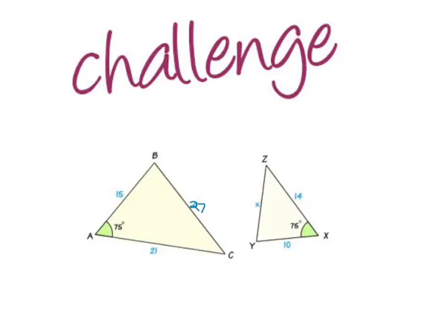Y to Z is unknown, Z to X is 14, and Y to X is 10. And we can also see that we have 75-degree angles in both of these. Are they in the same position though? What do I need to do to put them in the same position?